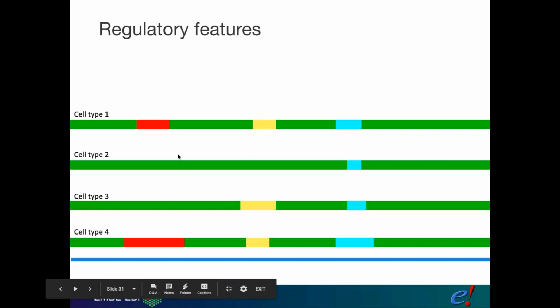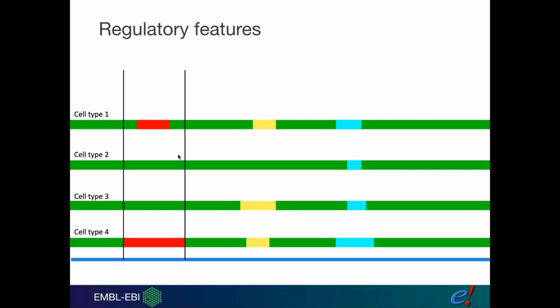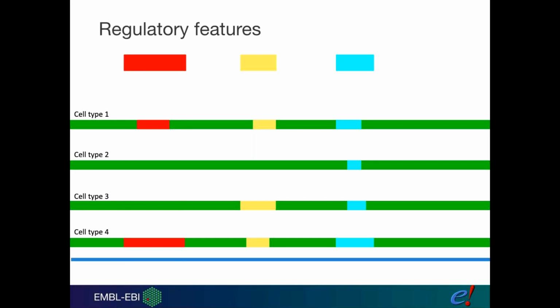And what we actually say is, well, this whole red region is a promoter, and this whole yellow region is something else, and this whole blue region is something else. And it's active or inactive in the different cell types. So we say that this is where the promoter is, and then we'll tell you whether it's active or inactive. So we use this kind of candy stripe notation to mean inactive.